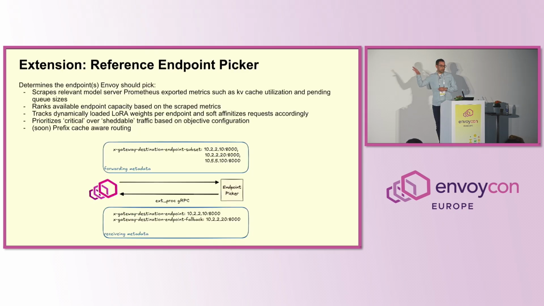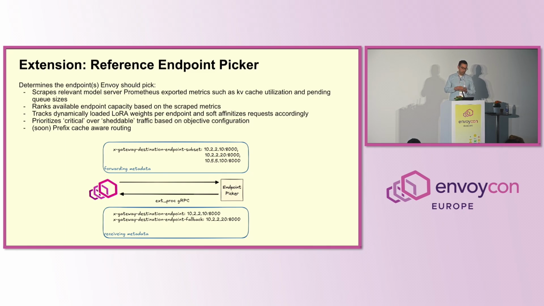And just diving a bit deeper into this endpoint picker extension, what it's really doing is determining the endpoints that Envoy should select. It's scraping relevant model server Prometheus metrics, such as the KV cache utilization and queue sizes. We will also support Orca in the near future.